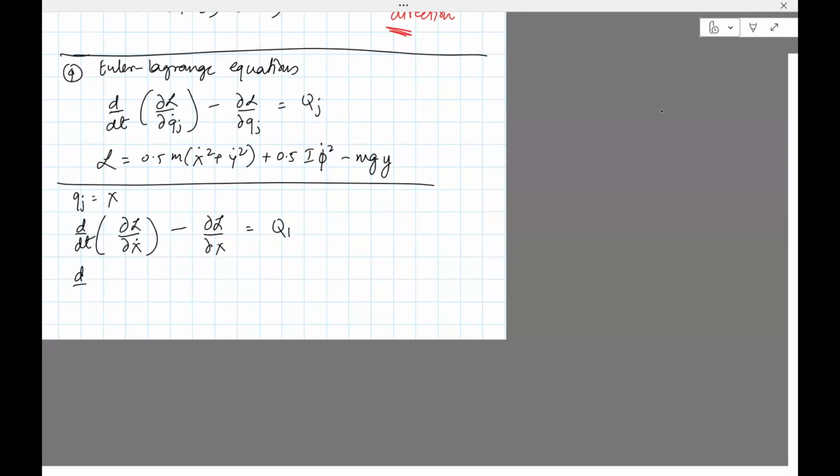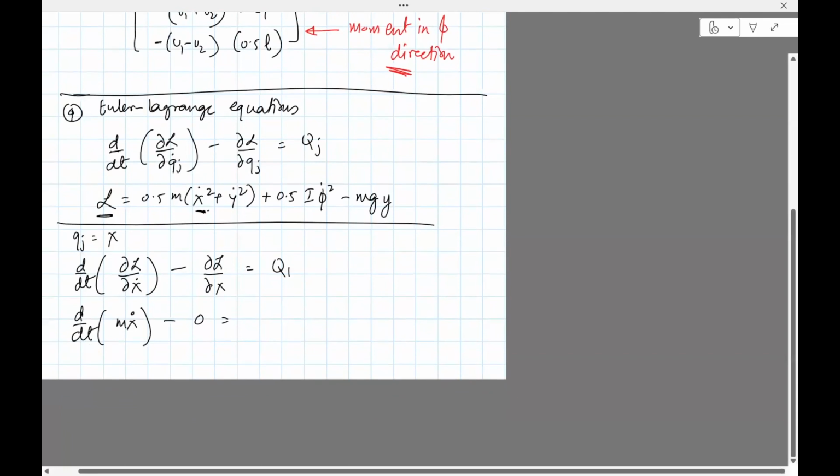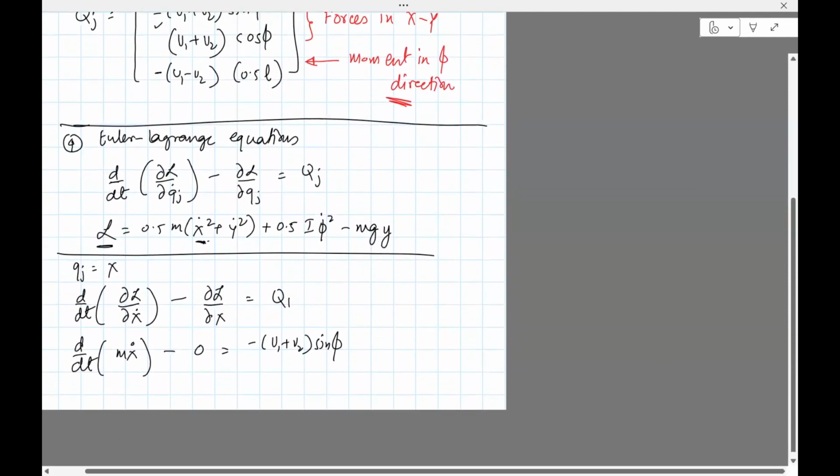So this comes out to be d/dt of the derivative of L with respect to x dot. There is only one term involving x dot, so it will be m x dot, minus, there's no term in x, so that will be 0. And Q1 is nothing but what we found here, so it's going to be minus (u1 plus u2) sine phi. Okay, so we are almost there with the first equation.